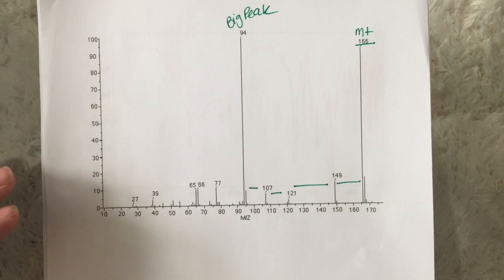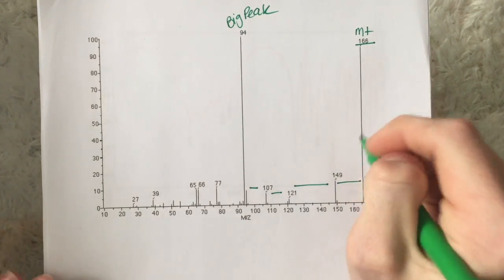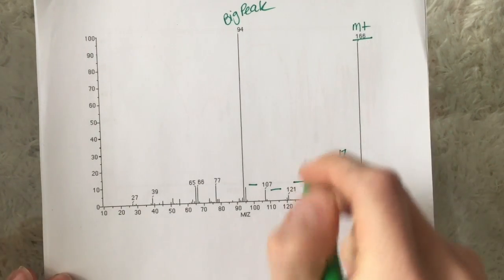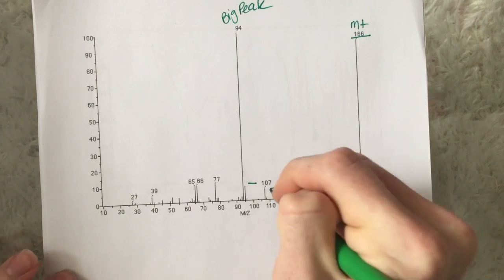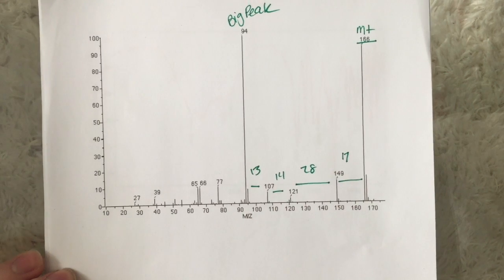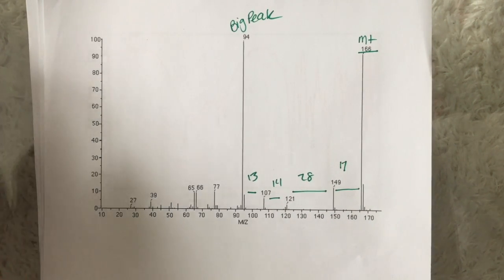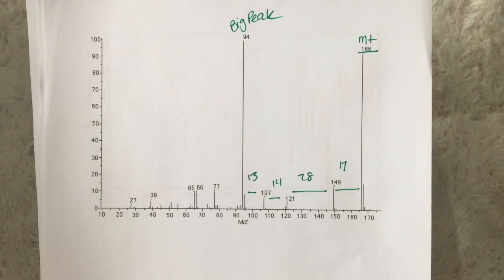And using the different peaks shows us which elements are where, and there are certain numbers that indicate certain elements or groups. For instance, we have a difference of 17 between the peaks here, 28, 14, and 13, which helps us narrow down the elements, with 166 being the molar mass.